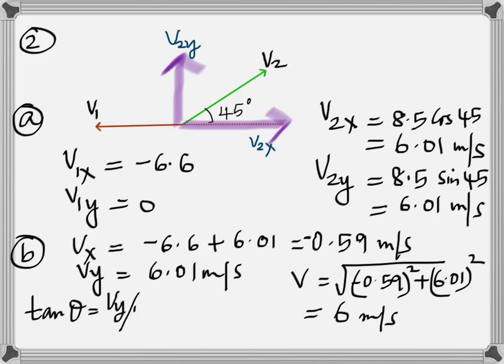To find the angle, tan theta is Vy over Vx. It gives 10.17 for tan theta, and theta is actually negative 84.38.